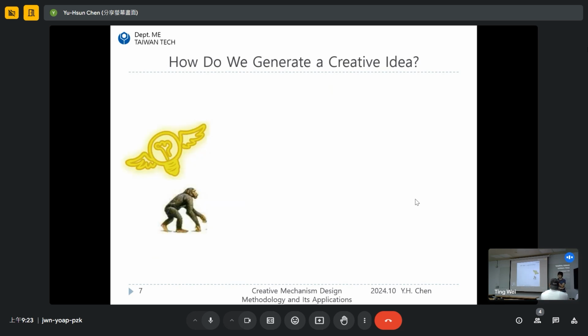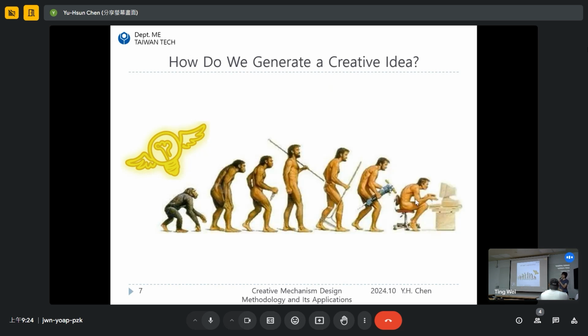So at first, how do we generate a creative idea? Sometimes we just think of something, but generally it is a step-by-step process, right? We get the idea, and generally it is based on something.